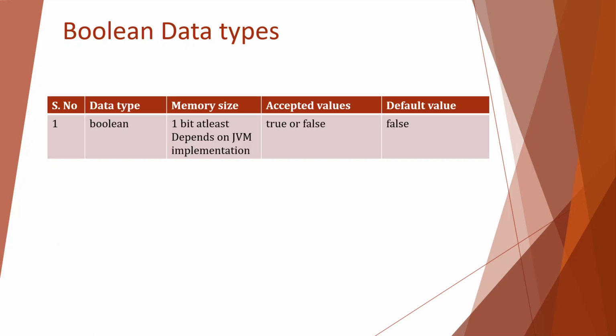The memory size is at least 1 bit, because it only has to store binary data. The actual size is not defined by the Java documentation and depends on the JVM implementation, but it takes at least 1 bit.